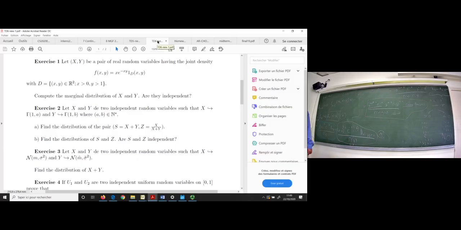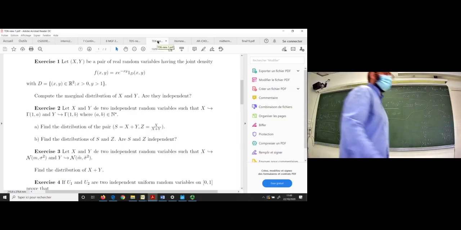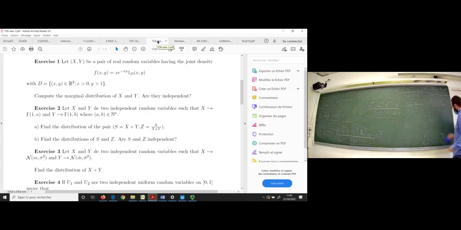So what we are going to do is to make appear the density of a gamma of parameter A plus B and 1. Instead of computing partial integrals, I recognize something that is not very far from one distribution I know.